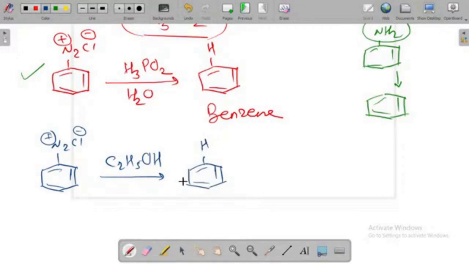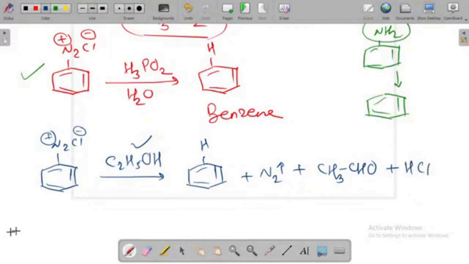That's why this is benzene. The byproducts of these reactions are N2 plus CH3CHO, as oxidation of ethanol takes place, and HCl.